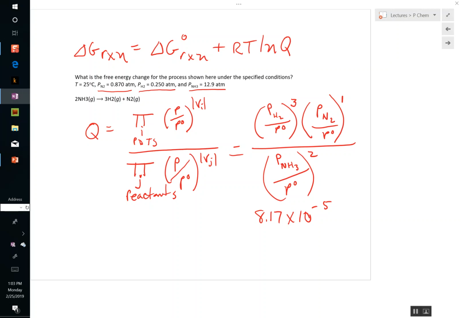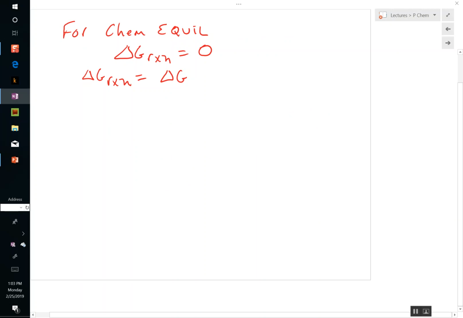So, yeah, standard free energy is free energy at standard conditions, 298 Kelvin and 1 atmosphere pressure. All right, so we got this equation. If we set delta G equal to 0, we have the delta G naught of reaction plus RT log of Q equals 0.